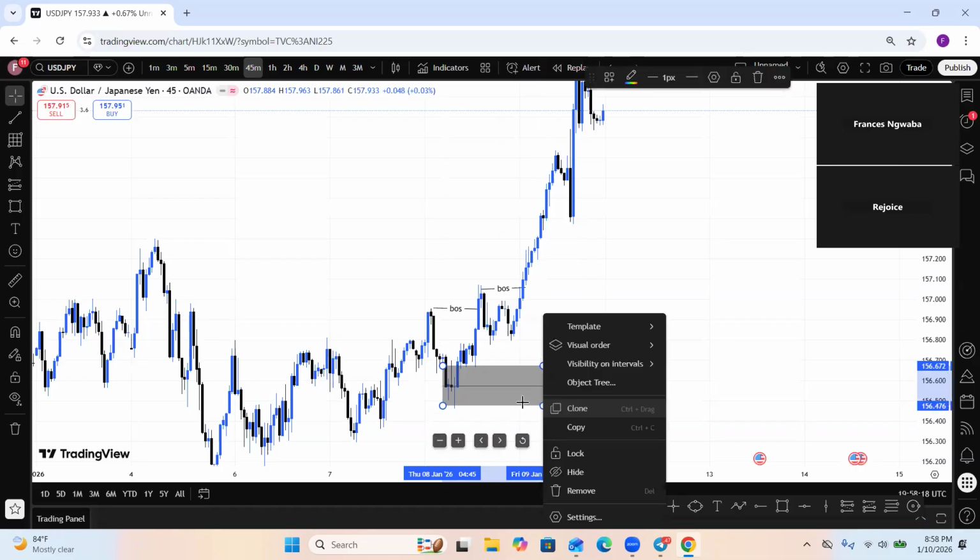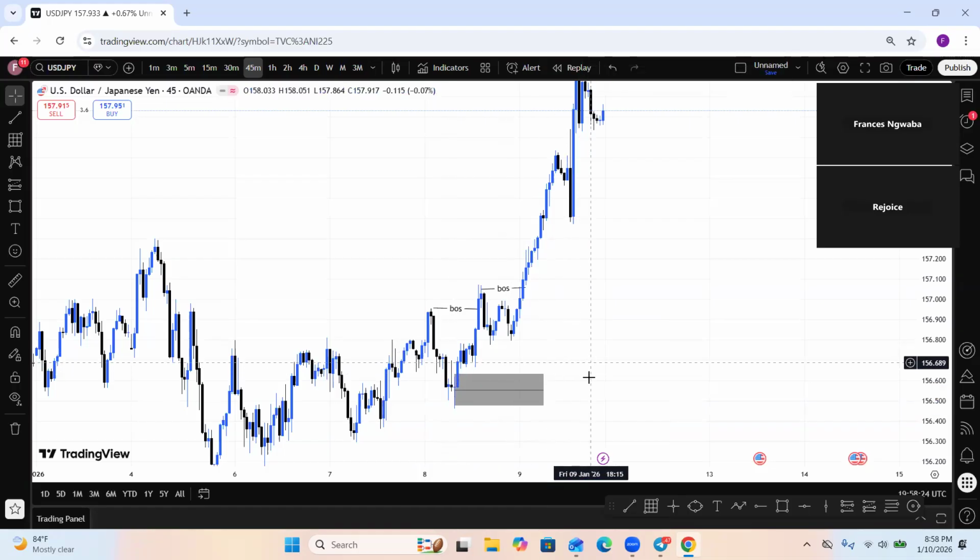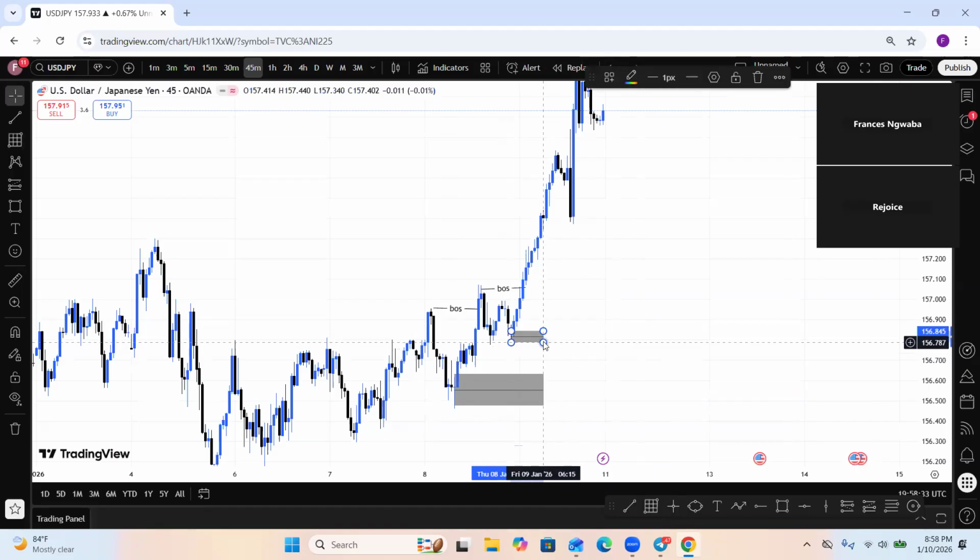Then we have to refine this origin to the order block, which is this tiny blue candlestick here. When you hear of order block, it's just the last candlestick before the movement that breaks the structure. Then for this level, the last candlestick is this black candlestick. That is the order block.